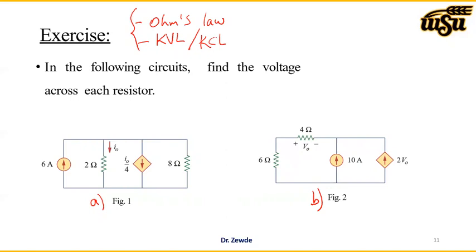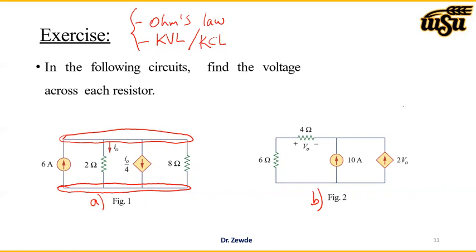So let's first start with A. For A, first we'll determine the nodes. How many nodes we have in this network in figure 1. We can see that we have one node here on the top and one node here at the bottom. So we have two nodes.